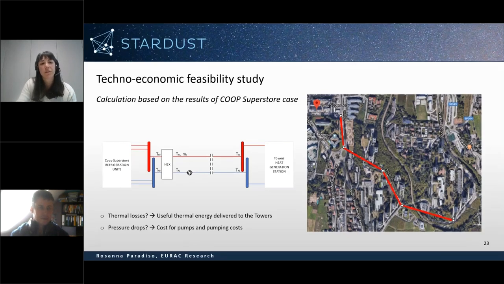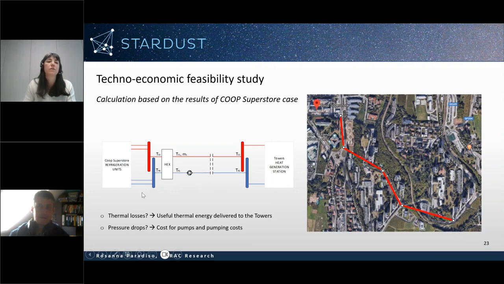So our techno-economic feasibility study is based on the results of the COP Superstore case, just because they gave us some real data, so we could really think about a real case. The layout of the recovery system is reported in this very simple scheme.